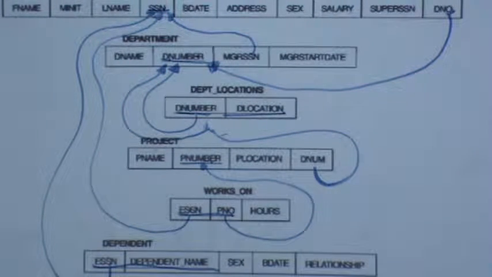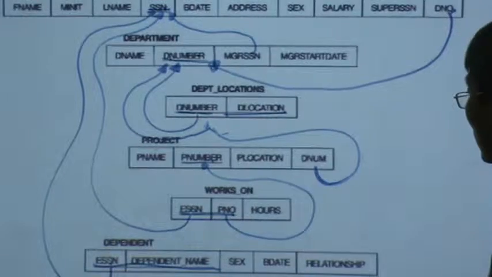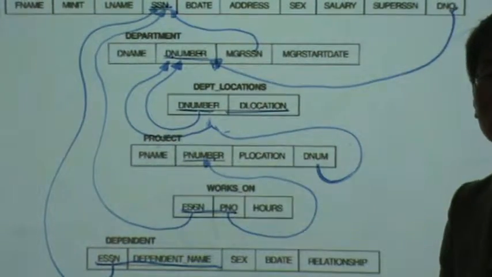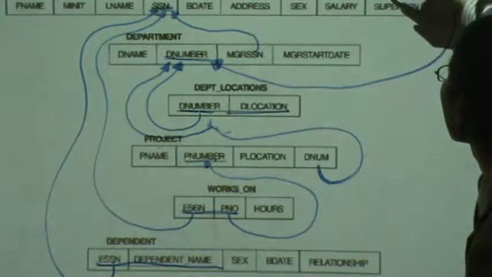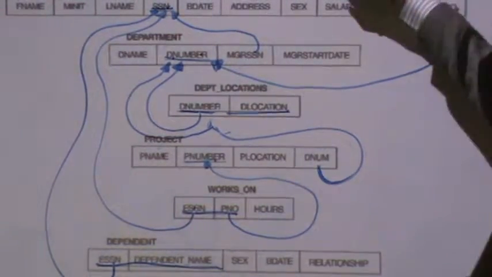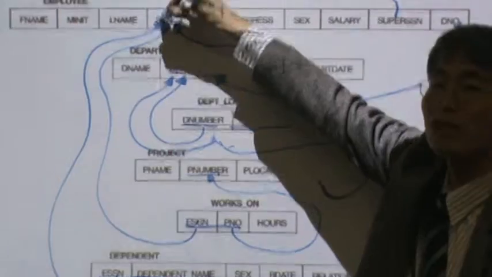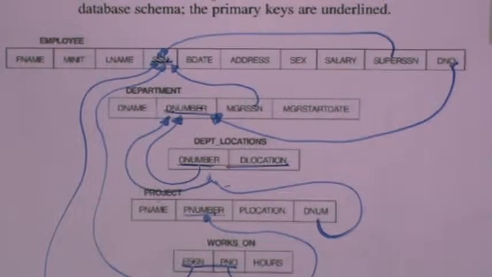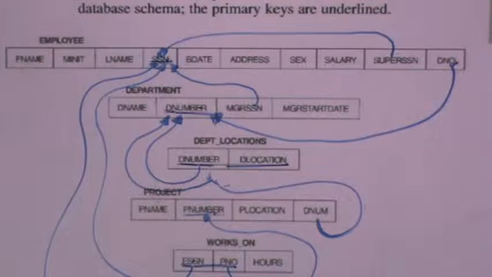P name? This one? No, I don't think so. Super SSN. Even sometimes you can refer to the same table. That is recursive. This is a foreign key, referential integrity.